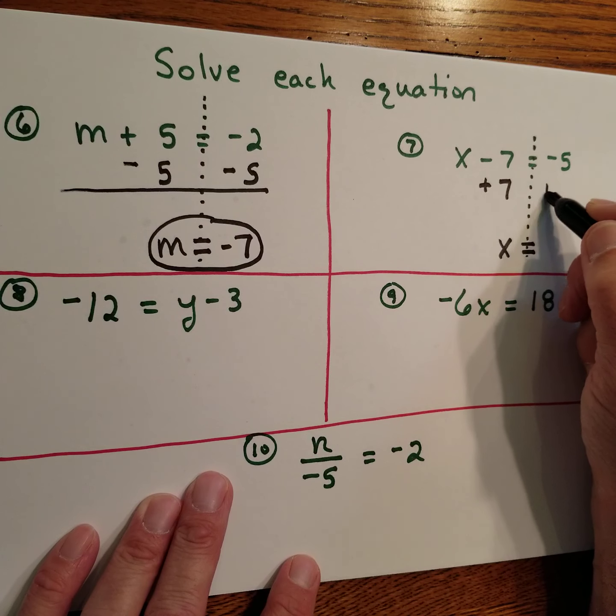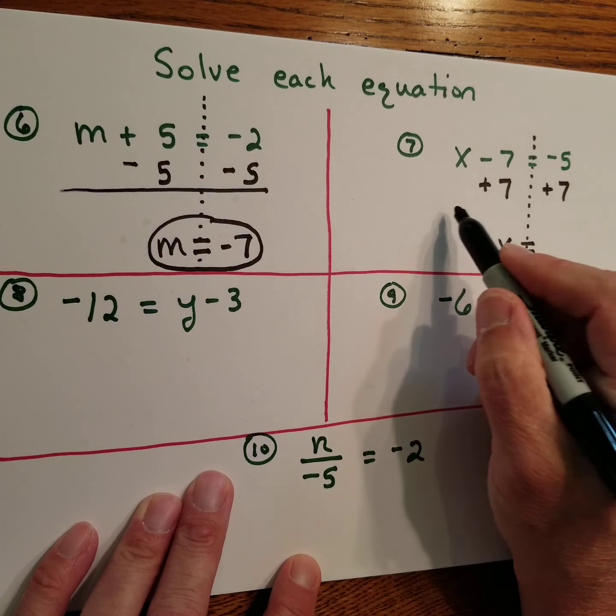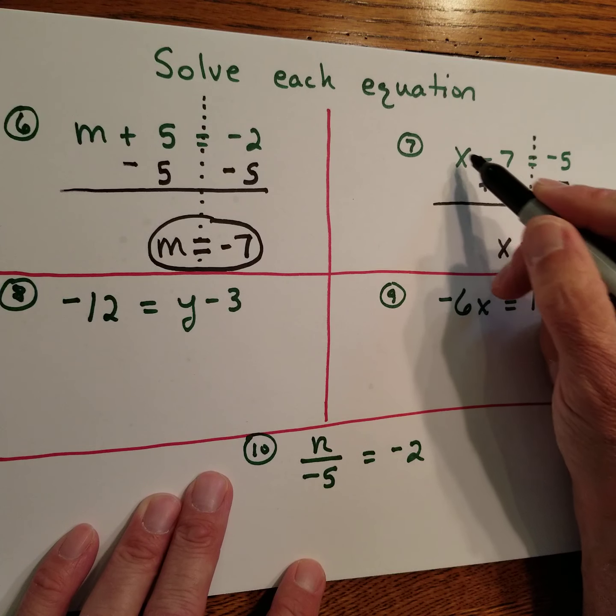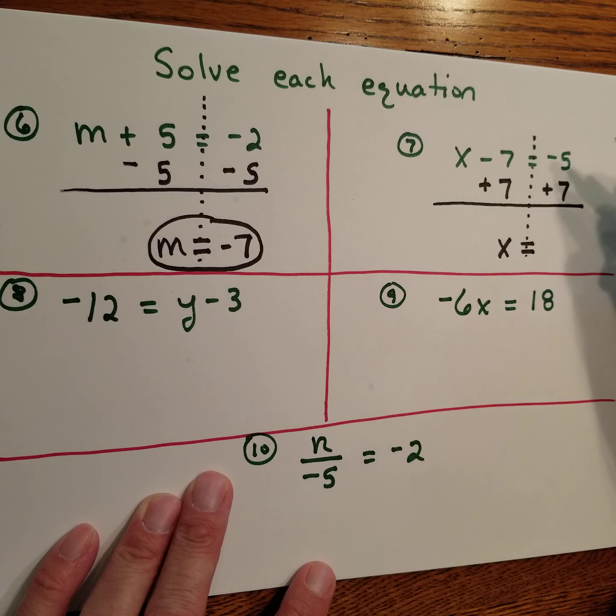And if I add 7 to one side, I must add 7 to both sides. That way, -7 and +7 is 0 plus x is x. And here, when I add -5 and +7, if I'm adding and the signs don't match, I subtract and take the sign off the larger number. Perfect.